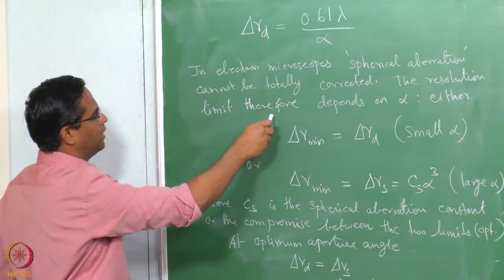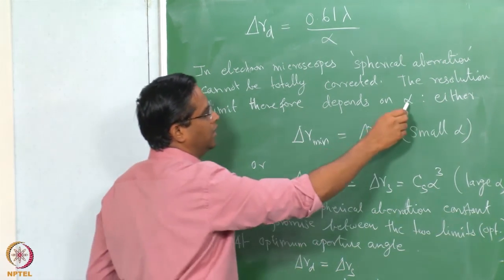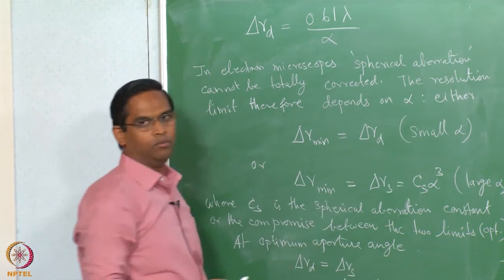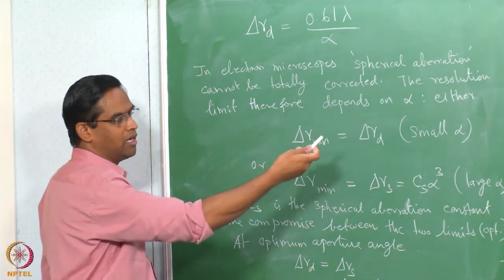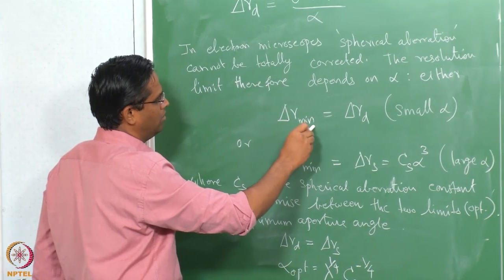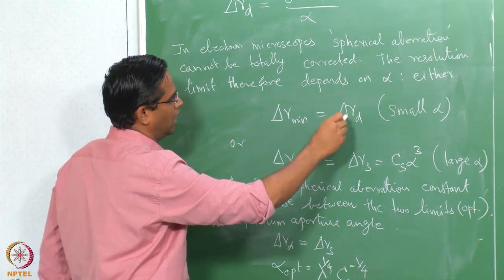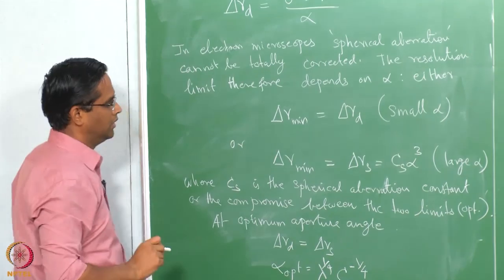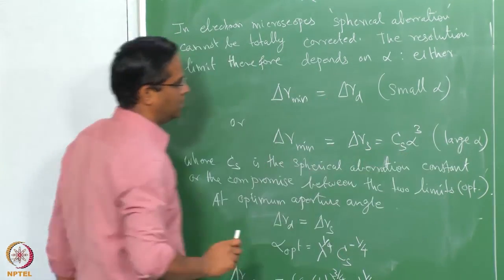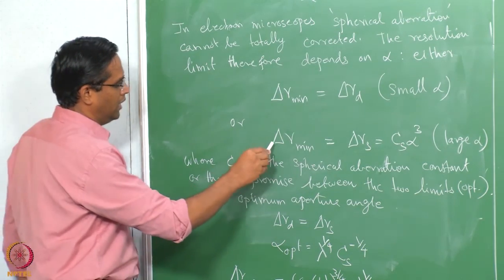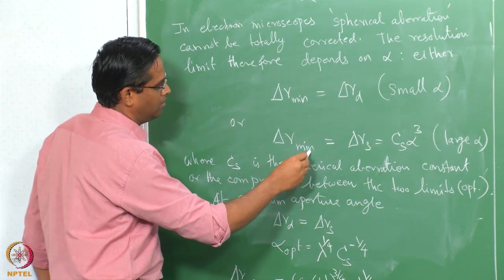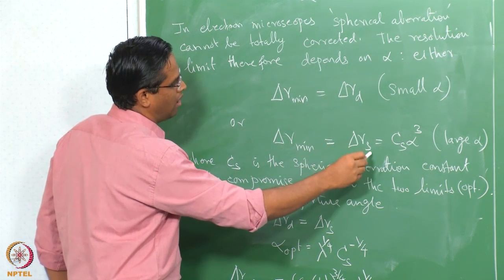So, the resolution limit therefore depends upon the semi aperture angle alpha. It can take two forms, it can be smaller or bigger. If it is smaller, then the delta R minimum is equal to delta R d. But if the semi aperture angle alpha is larger, then the disk of least confusion delta R minimum is equal to delta R spherical aberration.